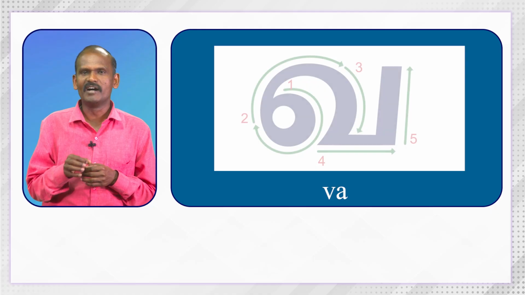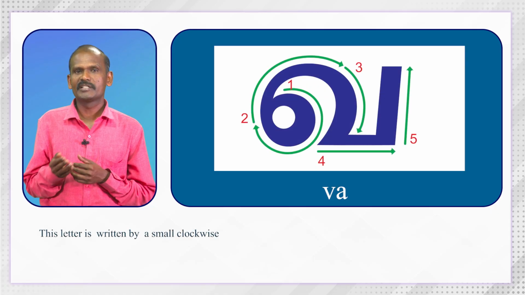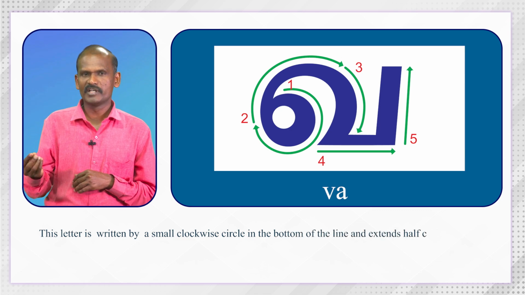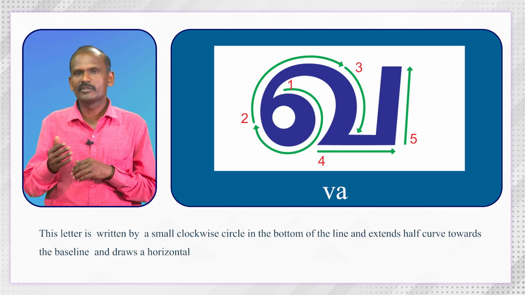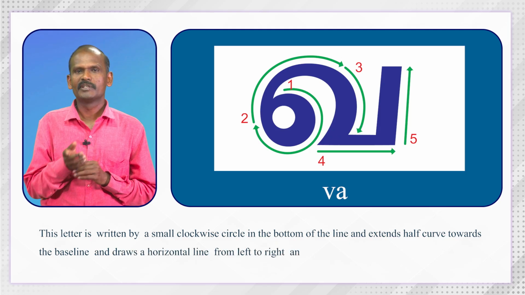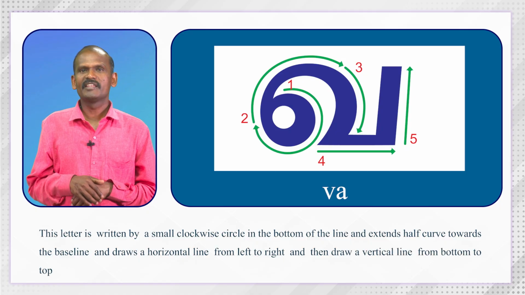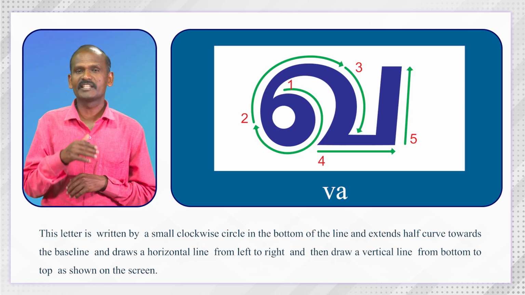Last consonant of this lesson is Ba. This letter is written by a small clockwise circle in the bottom of the line and extends a half curve towards the base line and draws a horizontal line from left to right and then draws a vertical line from bottom to top as shown on the screen.